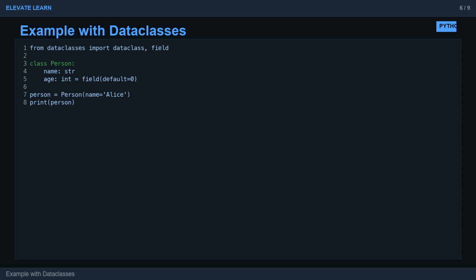Let's see this in action. We'll create an object with the name Alice and print it out. Observe how Python handles the output, neatly packing our data fields together. This is a stark contrast to using namedtuples, where you'd have to manually define each field and type. Data classes make initializing and working with objects in your code more streamlined and less error-prone.